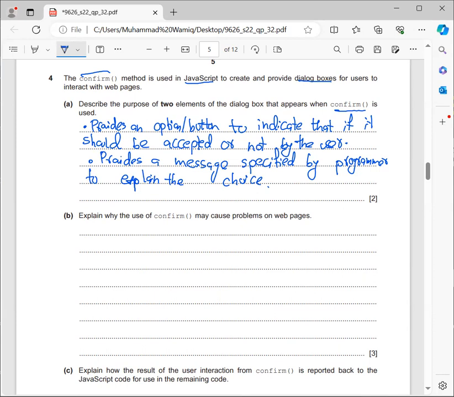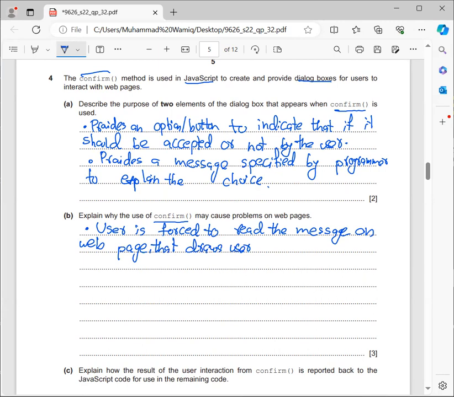In the B part, they are asking to explain why the use of confirm may cause problems on web pages. You need to write this for three parts. So first of all, you can write that sometimes the user is forced to read the message on the web page that draws user attention.